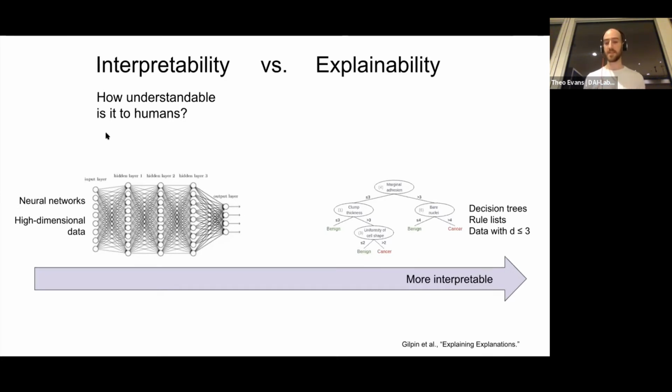You can have access to these, but the meaning there and the reasoning and the logic is hidden within the complexity of the system. On the other hand, there are other modalities like decision trees, rule lists, data that's visualized in 2 or 3 dimensions that intuitively we find more accessible as human beings. And we can think of interpretability as being some kind of fuzzy scale where some modalities are less interpretable and some are more interpretable.